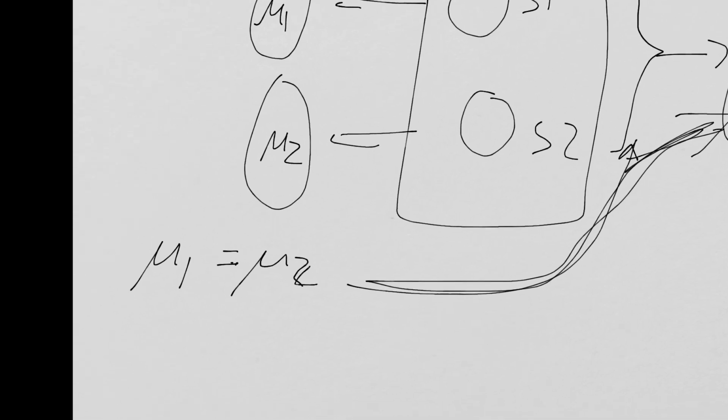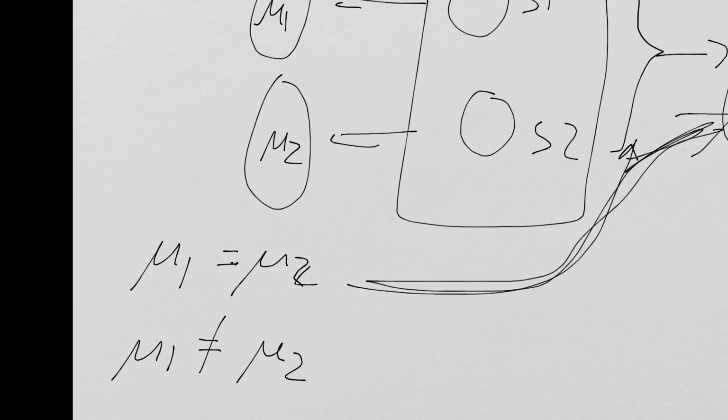Or, alternatively, I might have a situation where the two samples describe two different populations. And in this case, the population means would be different. And we can write it like that. Population mean is different.